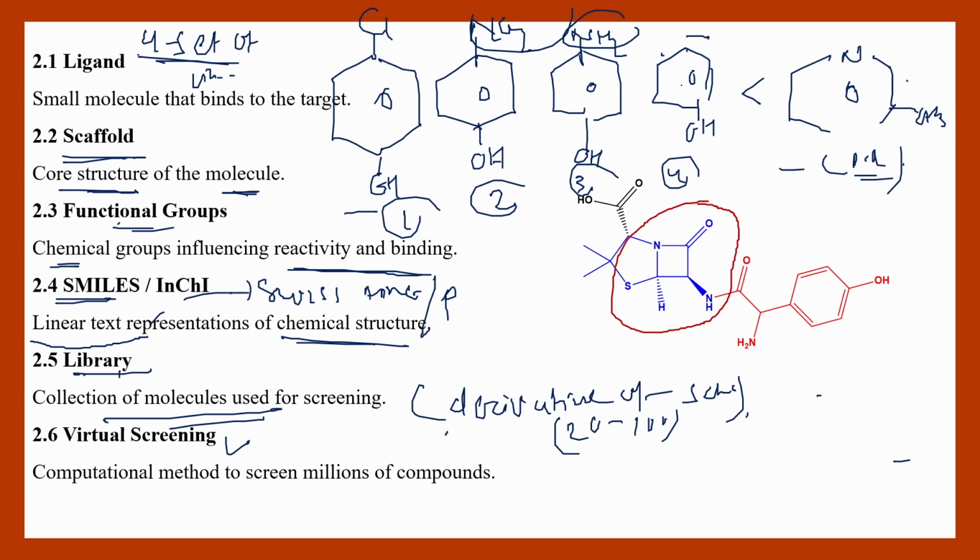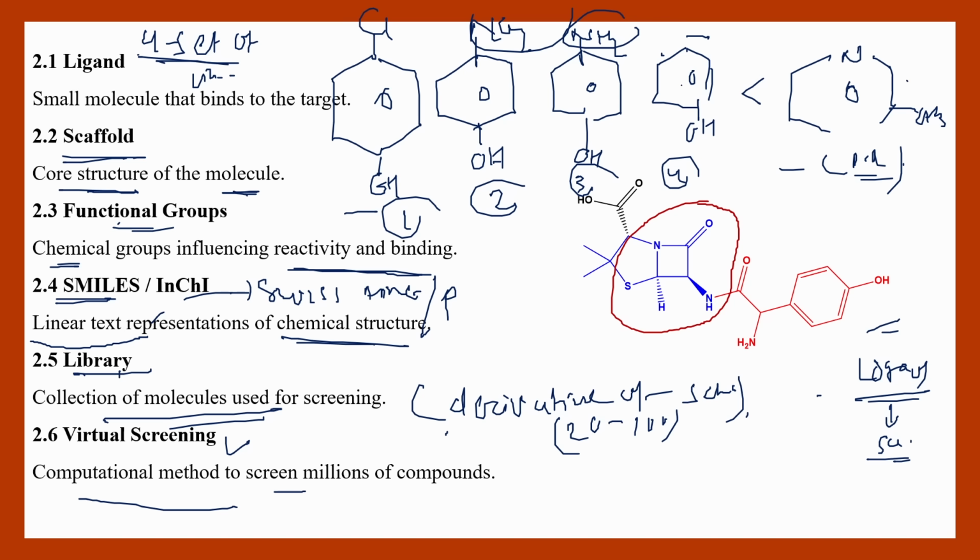Next term is virtual screening. It is a computational method to screen millions of compounds. First, we know what a ligand molecule is. It may be from a small phenol to large derivatives. Then we know about the scaffold. A scaffold is the major moiety present inside the ligand molecule.